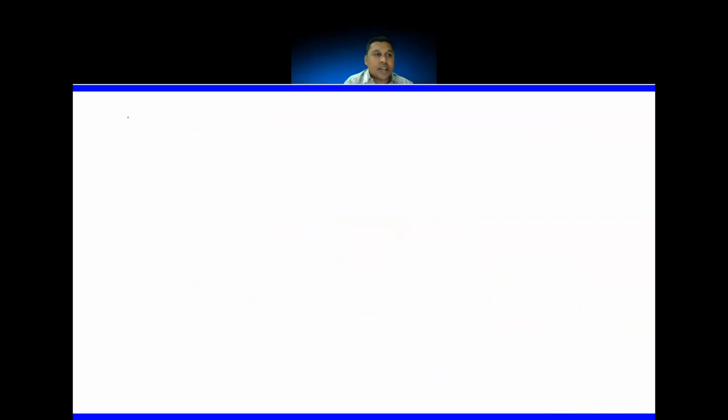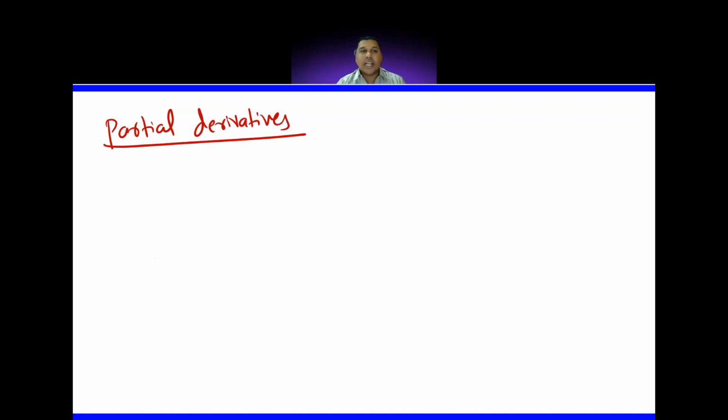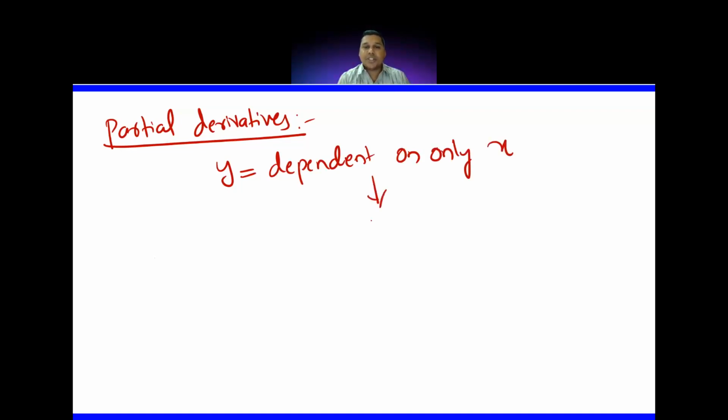Let's go now to partial derivatives. We're going a little quick because nothing is new for you here. We're just revising the formulas for partial derivatives. I already explained, if the function y is dependent on only one variable, only x, then we apply differentiation.